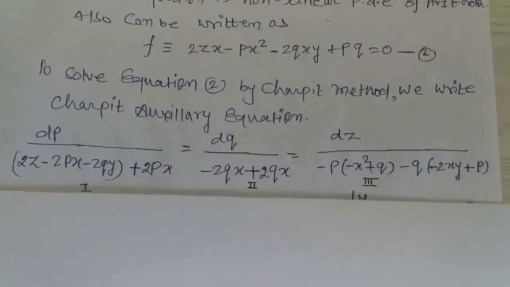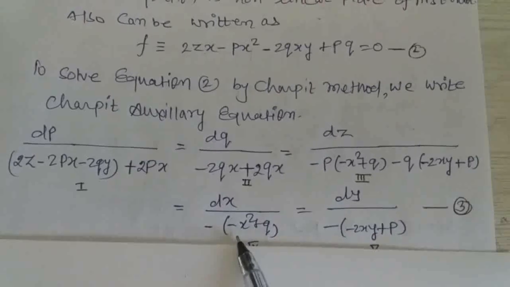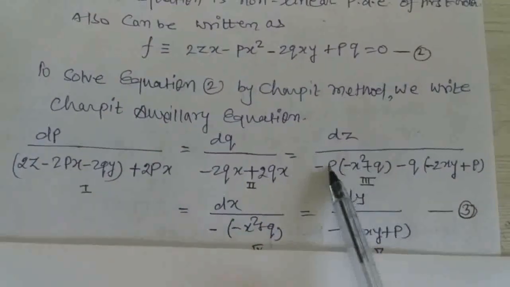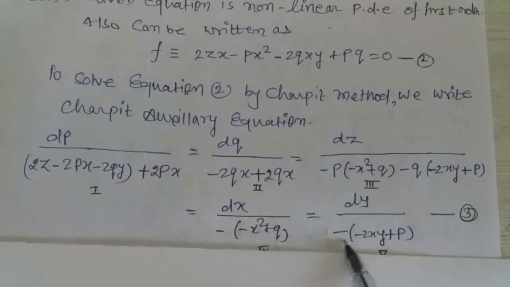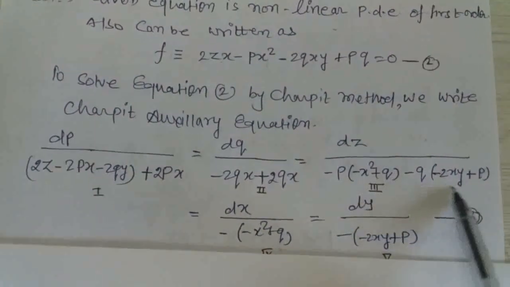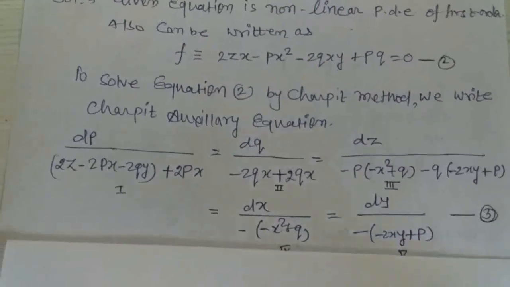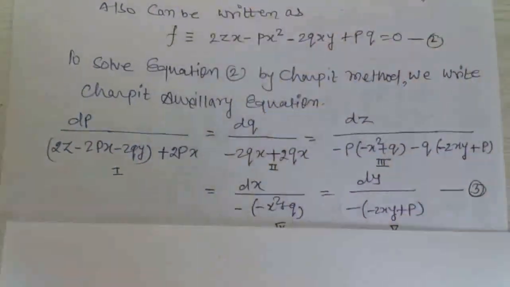This is further equal to dx upon minus del f by del p, equal to dy upon minus del f by del q. So this is the Charpit auxiliary equation of the given equation.